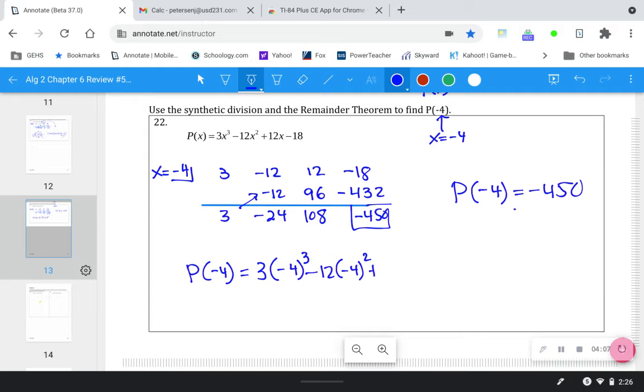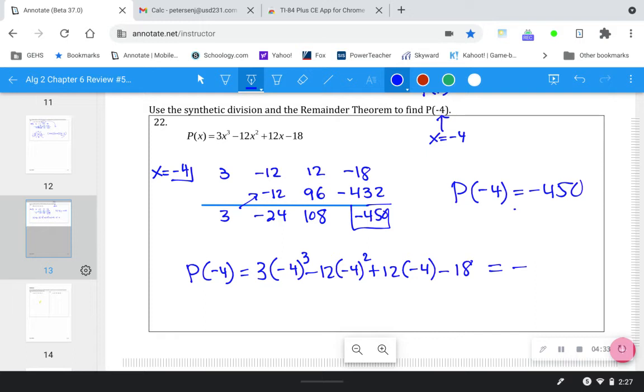And then plus 12 times negative 4. And then we have a minus 18 tacked on the end there. So give me a second to type all that. And we'll soon confirm whether this answer is right or wrong.